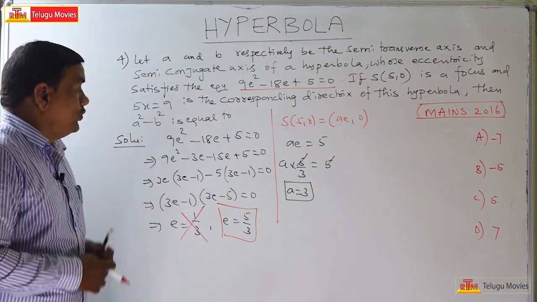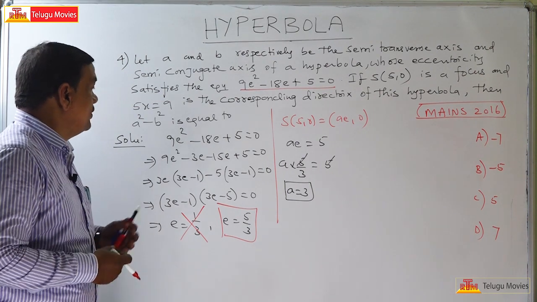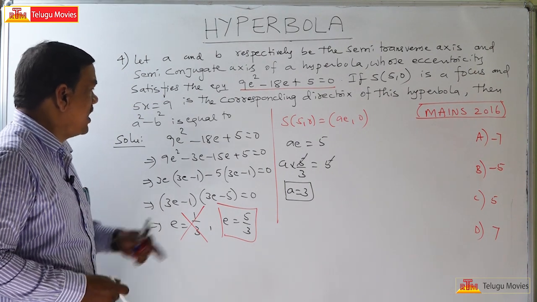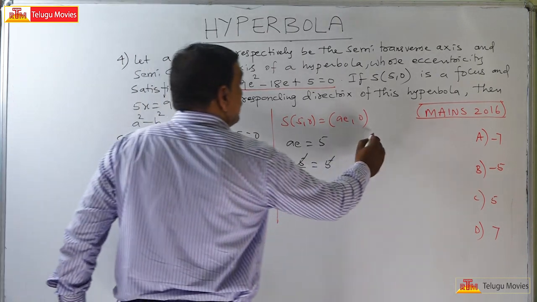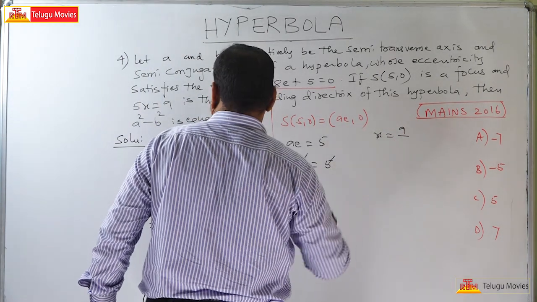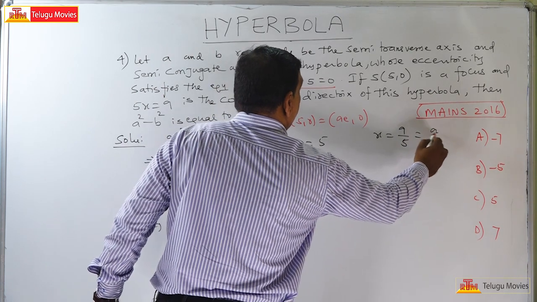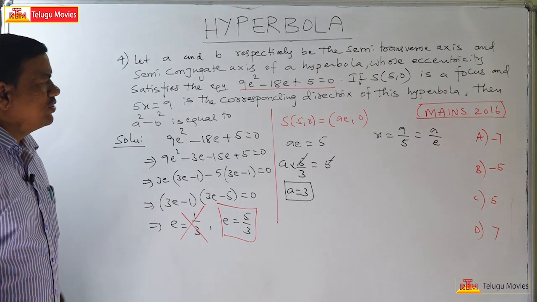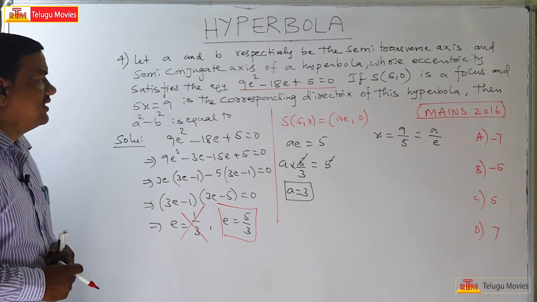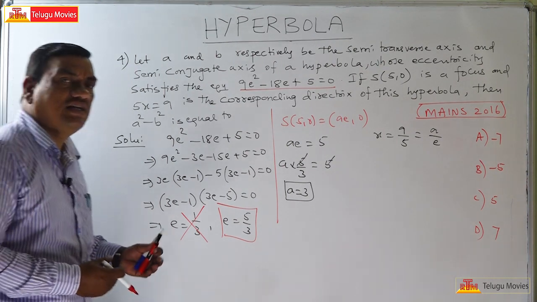We could also use 5x is equal to 9, that is x is equal to 9 by 5, which is given by plus or minus a by e, so again you will get the a value only.